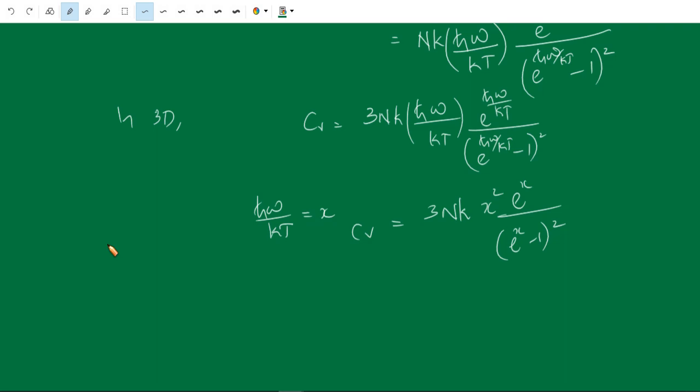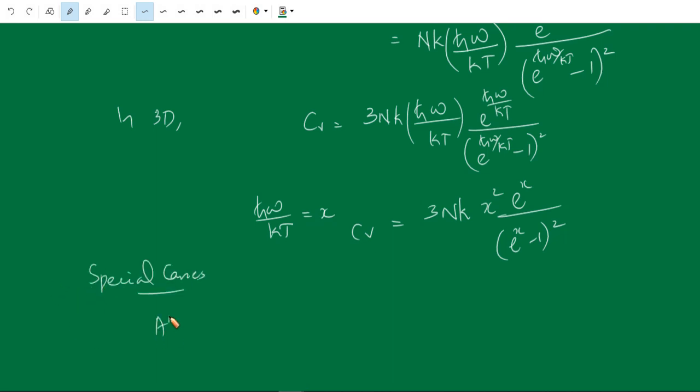But in the Einstein model, only a certain frequency is allowed. That means all the oscillators have the same frequency omega 0. For that we have considered a delta function, delta of omega minus omega 0. You know, the delta function is 0 when omega is not equal to omega 0. Now the special cases.